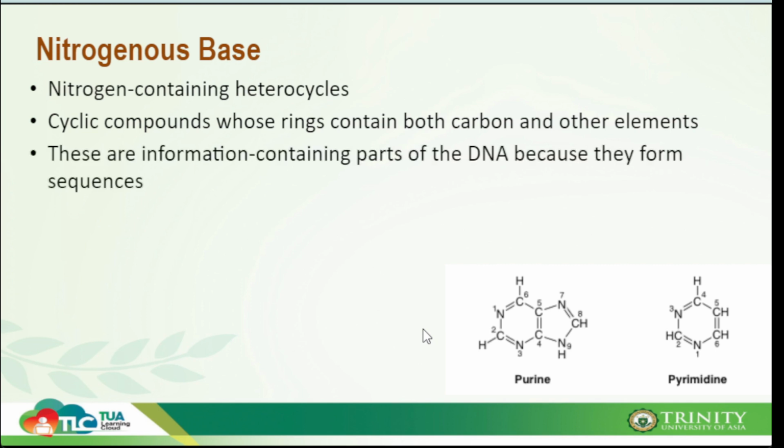The nitrogenous bases, guys, are the information-containing parts of the DNA. So it is not the sugar that carries the information. It is not the phosphate that carries the information. It is the nitrogenous bases. So the sequence that the nitrogenous bases create, the order of our nitrogenous bases, that is what provides information.